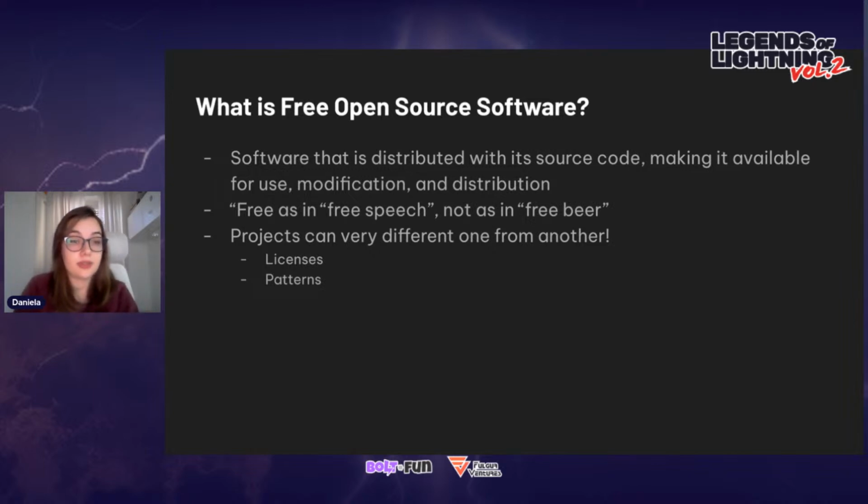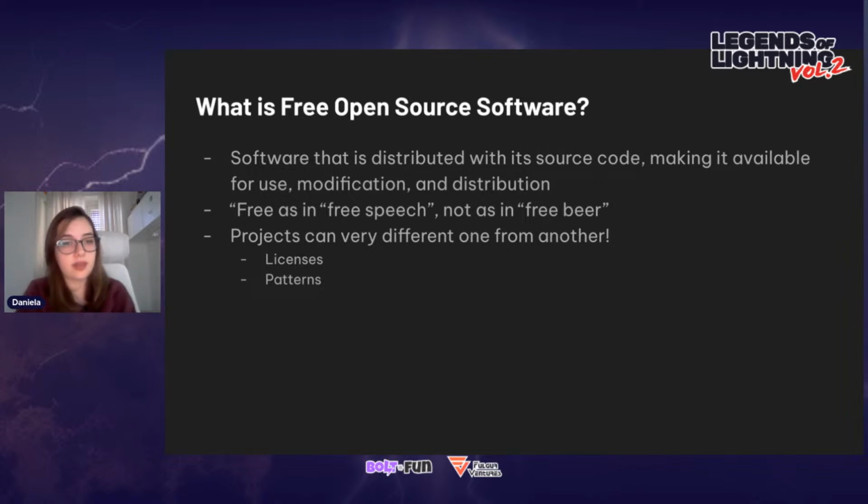As I said, projects can be very different from one another, and so there's this license kind of thing. Every project, at least every big project, is licensed, and there are different types of licenses, some more permissive than others. For example, the MIT license is super permissive. You see some code licensed with MIT, you can use it, you can modify it. If I recall correctly, you don't even need to say where you took that code from.